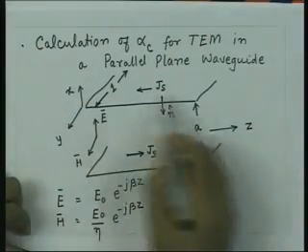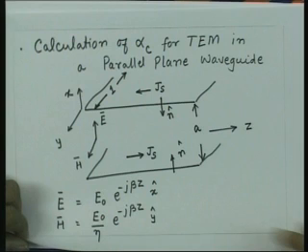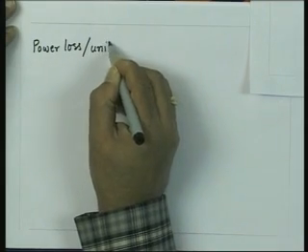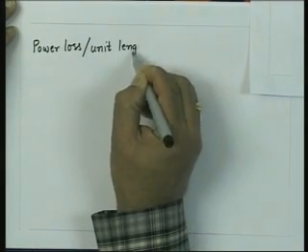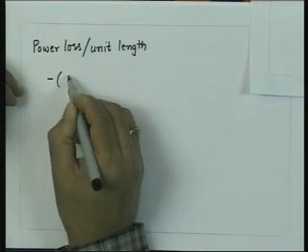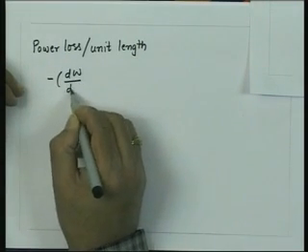So, the power loss in this wall, so we get here power loss per unit length, which is equal to minus dW by dz.